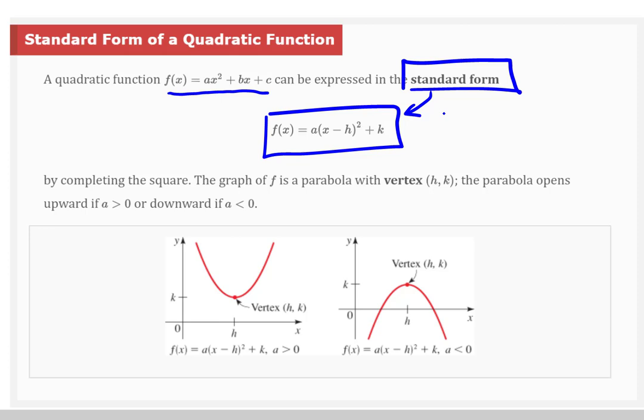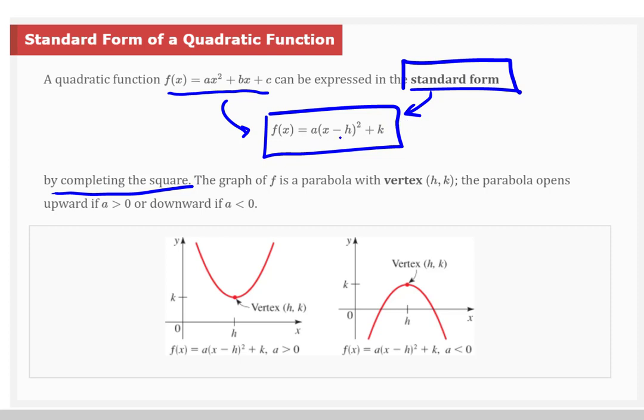And we can go from one form to the other by completing the square, which is a process we now know. It looks a little different when we're not using it to solve an equation, but it's the same basic steps and process.